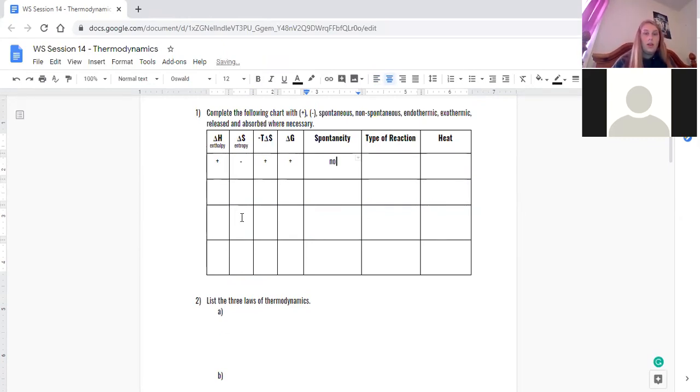So this one will be non-spontaneous. And because it's adding heat to the system, that means it's going to be endothermic. And that means it absorbs heat.